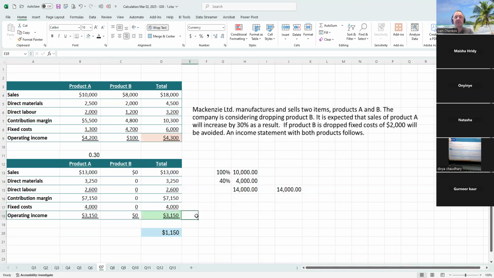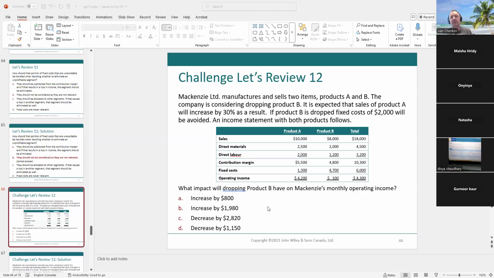Absolutely not. Better keep it. Okay, let's go with our slides. What will be the correct answer here? Decreased by 1,150.